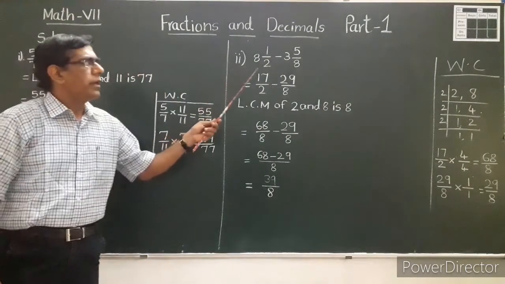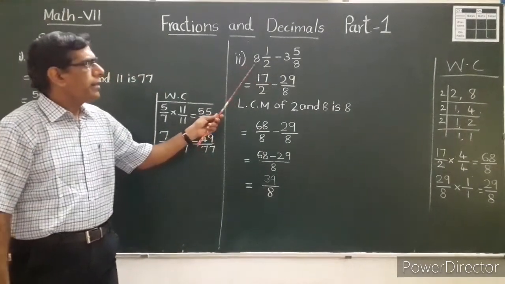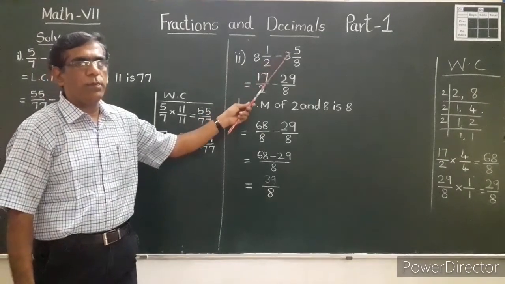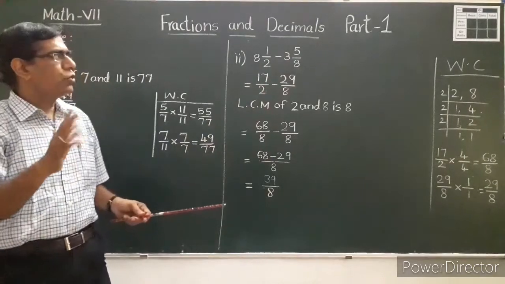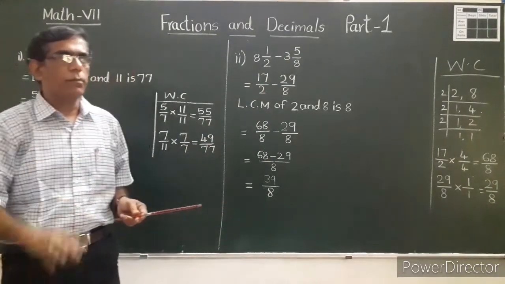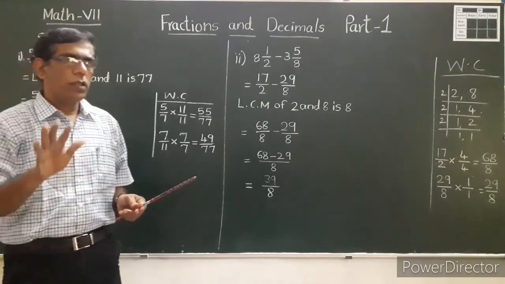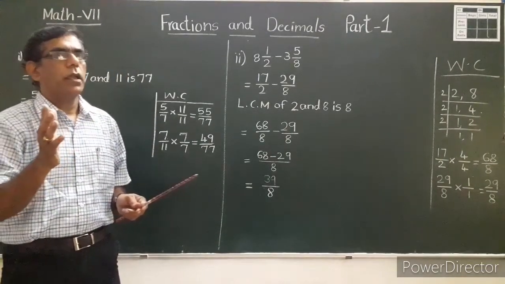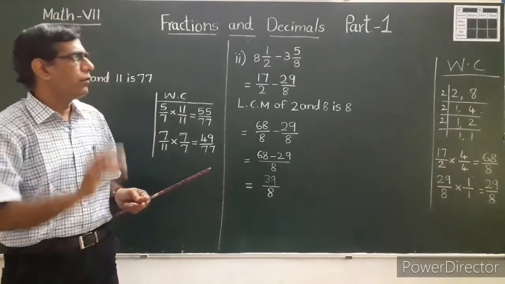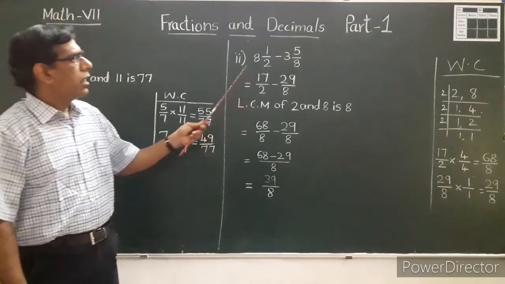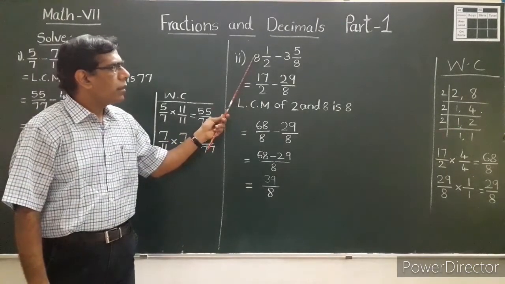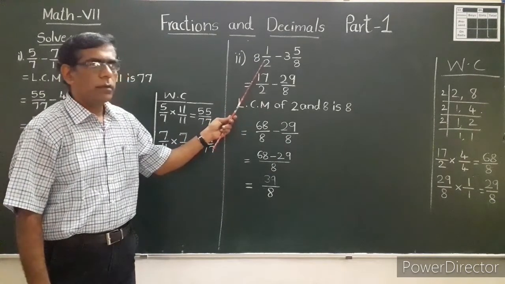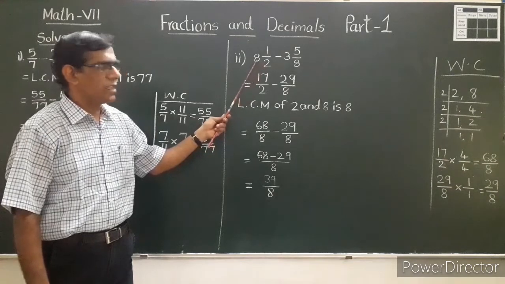One more example here. 8 1 by 2 minus 3 5 by 8. These two fractions are mixed fractions. So in the first step, first we convert into improper fractions. I will multiply the whole number and the denominator. 2 times 8 is 16.